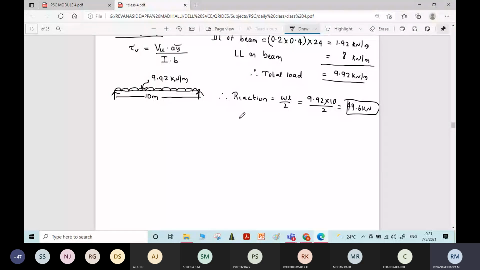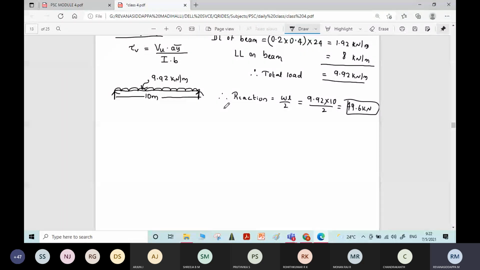And my suggestion is, if the problem is an analytical problem, if you are doing the analysis of the beam, better not to consider factor load. If you are doing design, then you can consider the factor load. In your examination, if you are asked to perform the analysis, like finding the principal stresses, then without multiplying 1.5, you do the calculation.